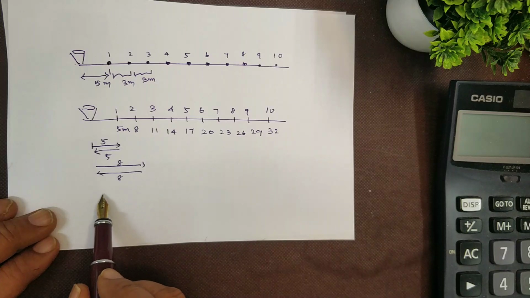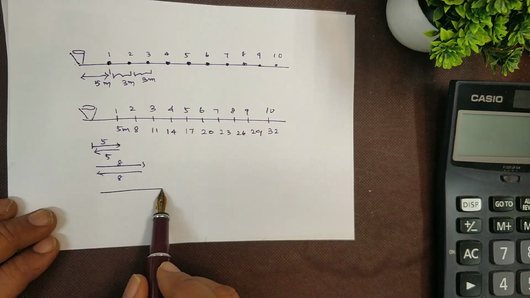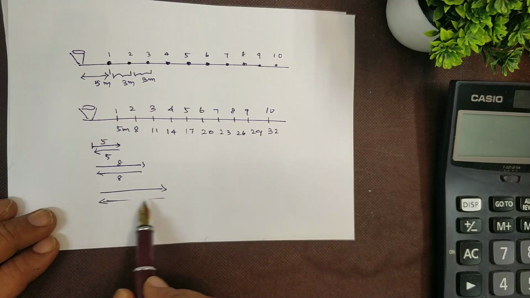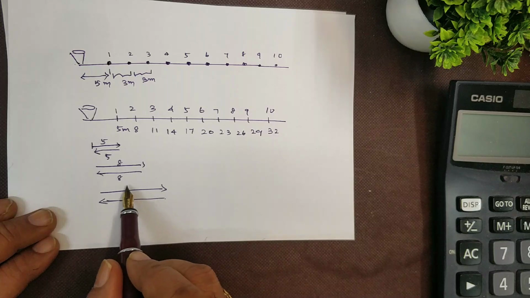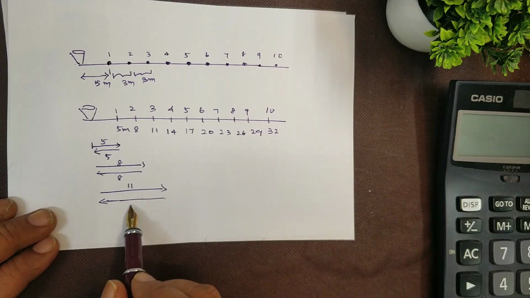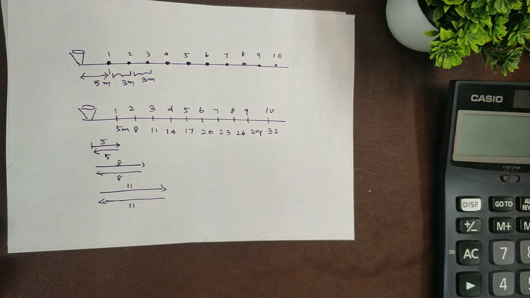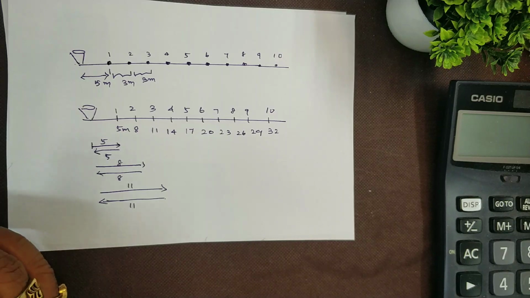Right. Again in the third stage, 11 meters and come back 11 meters to drop the potato in the bucket. Are you able to follow this? Do you understand? Okay.